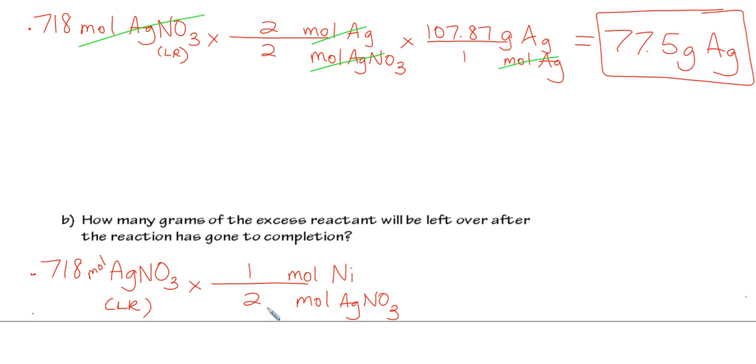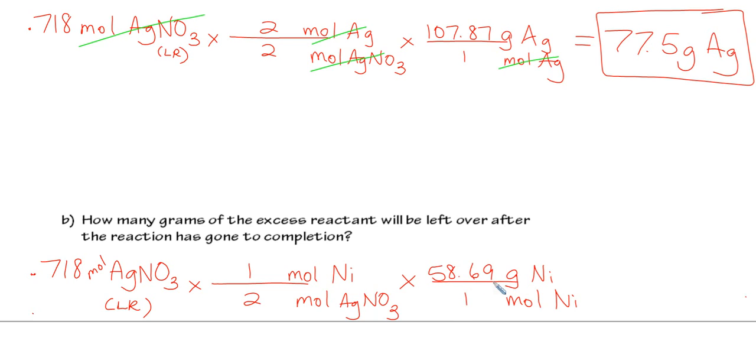Now, in the last problem that we did together, I stopped here at moles. You can do that totally fine. Figure out how many moles gets reacted. Or if you'd like, you can turn this into grams right away. You can cancel moles of nickel and switch it to grams of nickel. 1 mole should have the mass on the periodic table, which was 58.69.